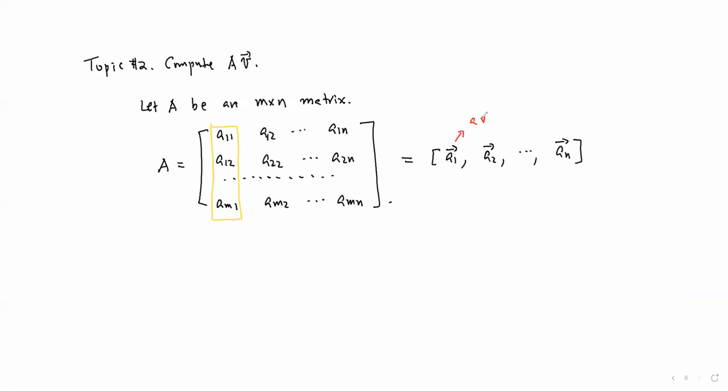Each column has how many entries? M entries. So each column is a vector in R^M.